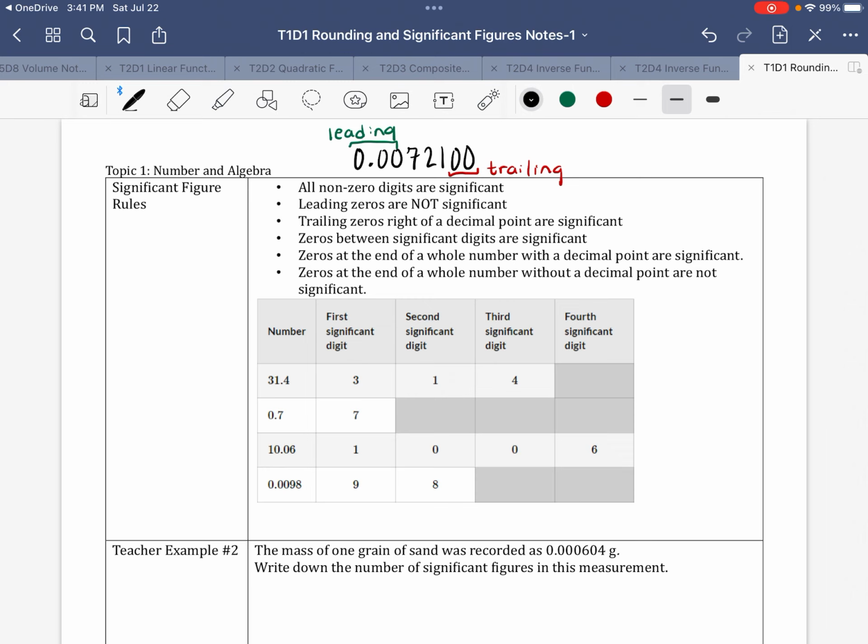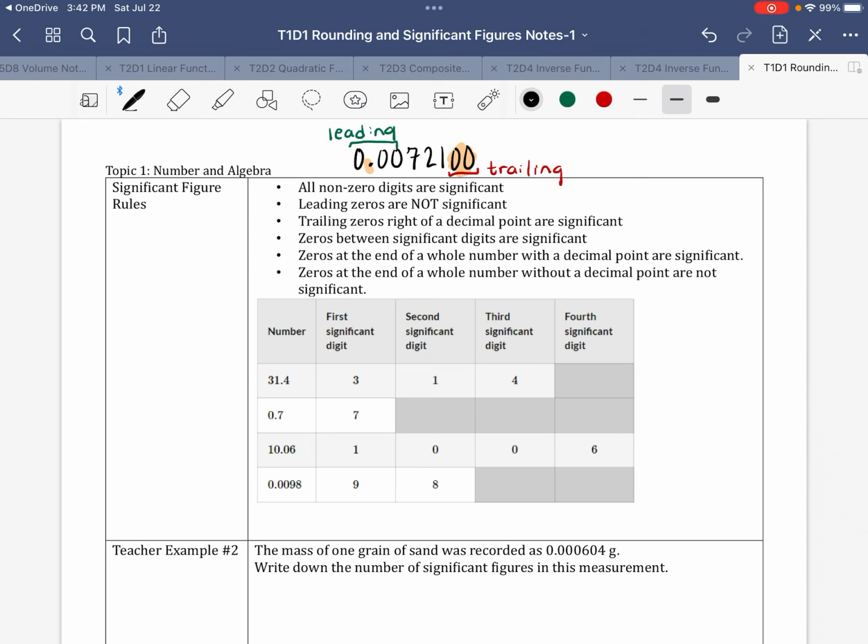They are not significant. Trailing zeros right of a decimal point are significant. So here you can see we have a decimal point, and these zeros are to the right of that decimal point. Those trailing zeros are significant. Zeros in between significant digits are significant.